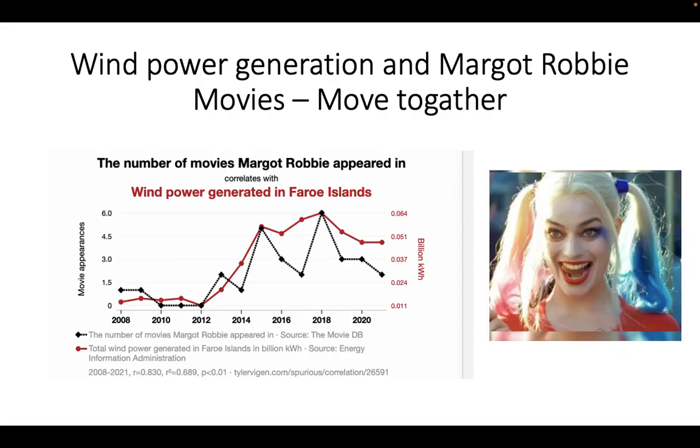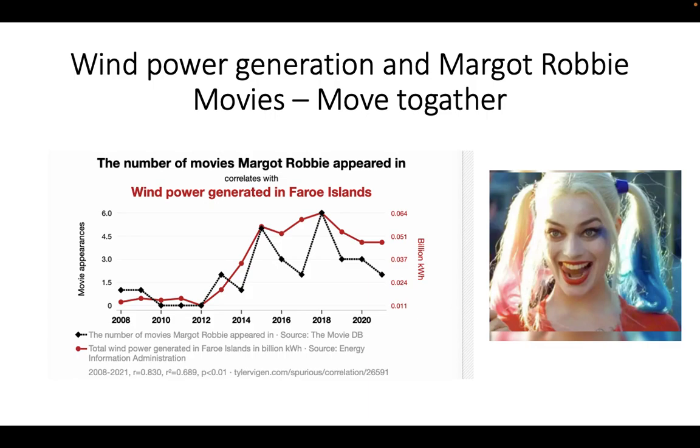How about this? When Margaret Robbie appears in movies, as the number of movies she's appearing in goes up, wind production generated in this particular island goes up as well.